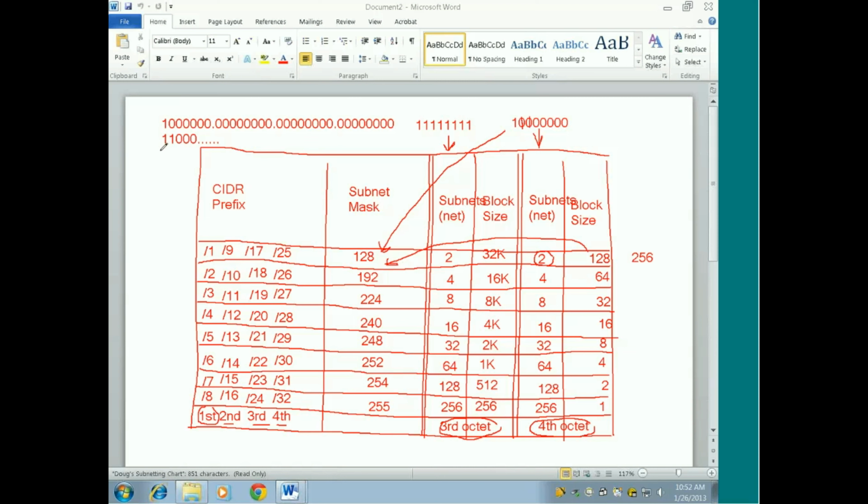I turn this value position on. I'm doing the same thing I did here, but I'm expressing it in decimal instead of binary. Is everybody okay? That's the chart.